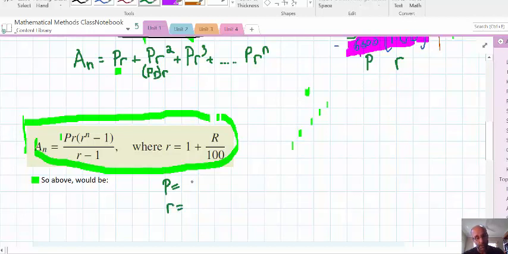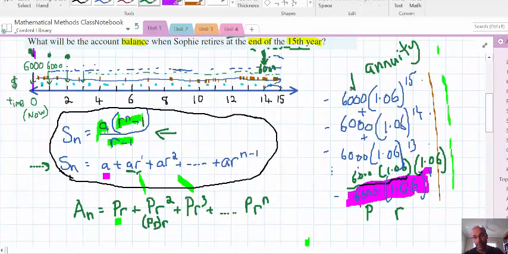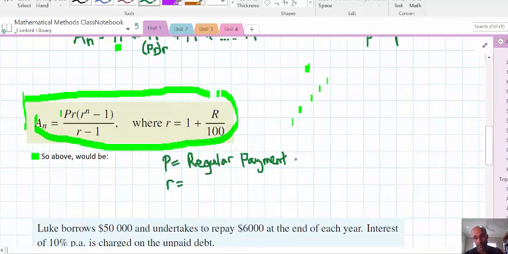So the principal, the growth rate. Alright, well the principal is actually the payment here. So it's the regular payment. So it's probably not correct to call it the principal any longer now that we know it's the regular payment. Alright, so we were using it as a principal up here, but really it's more accurate to call it a regular payment.